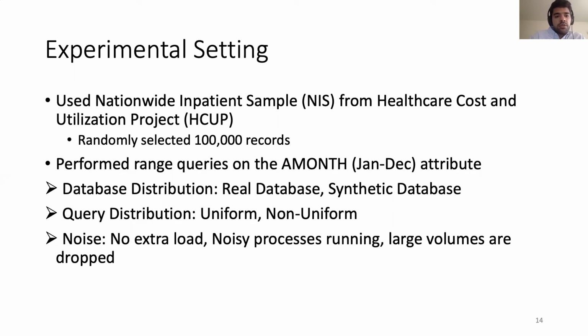As you recall, uniform is the case that the previous work considered. We also look at the case where there is no extra load and where there is a noisy process running, and an interesting case where the large volumes are dropped. For example, if you ask for the whole database, or the biggest range possible, 1 to n, that will be dropped by the database. We look at whether we can still recover the database in those cases.